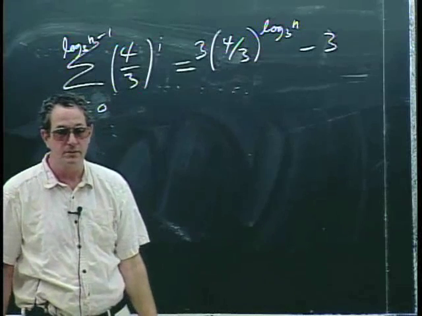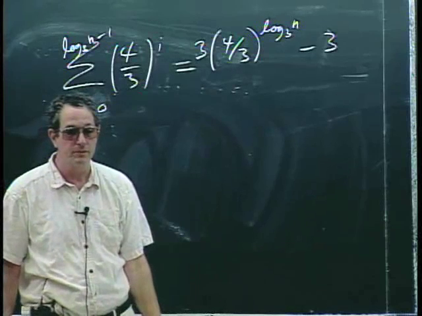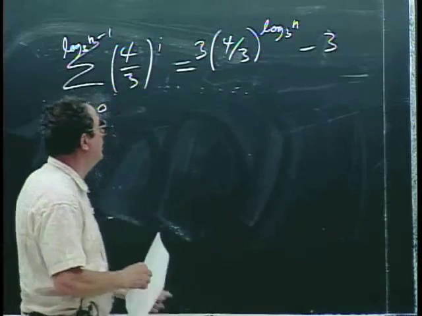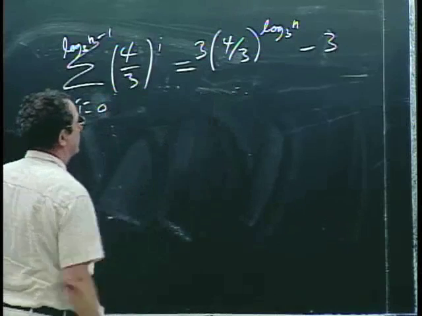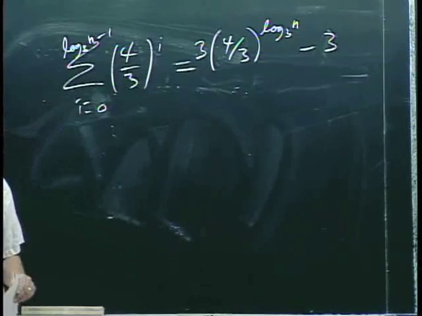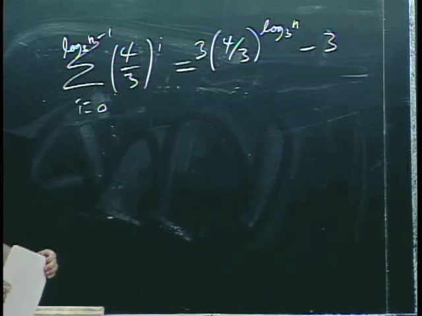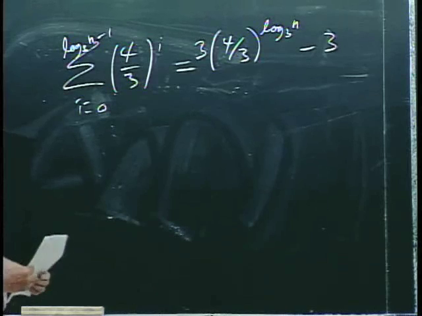It's n to the power log base 3 of the base. Okay. I didn't quite hear it, but I think you must be right. Yeah, it's basically n to the power log base 3 of 4/3 or something. Yeah, right. Okay, good.